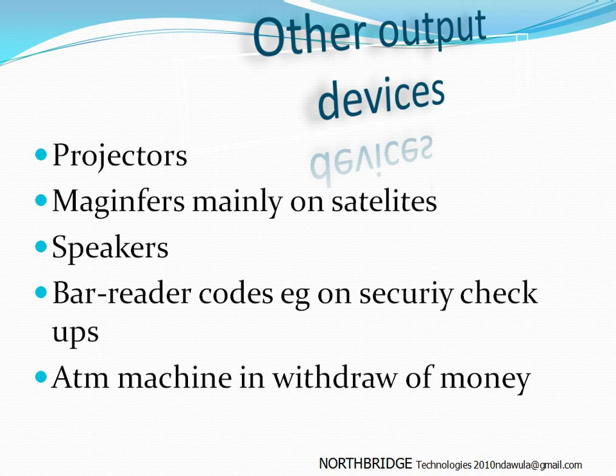Still, we can look at ATM machines. Okay, before you go, even barcode readers, look at a security checkup. You have keys. The keys are metallic. It's the reader that will check your pockets. Then it outputs that information to alert. We can continue. We have ATM machines in withdrawing of money. In a withdrawal of money, ATMs collect.